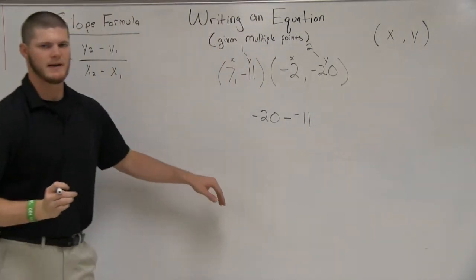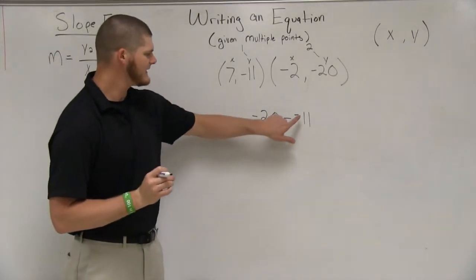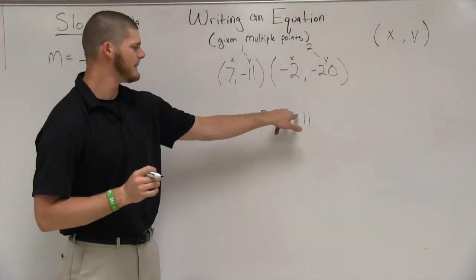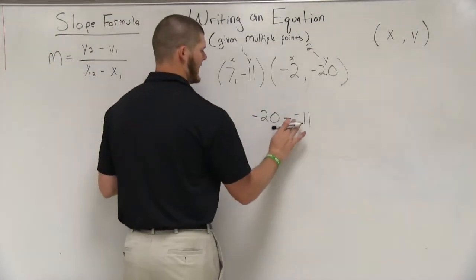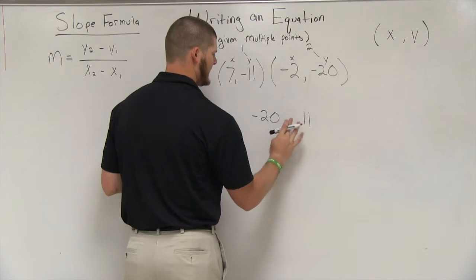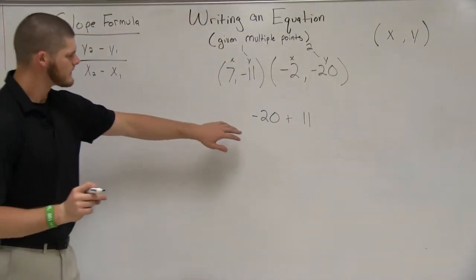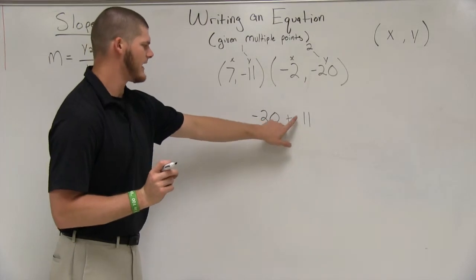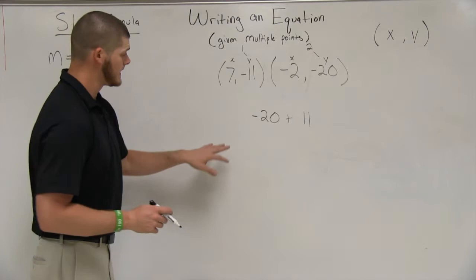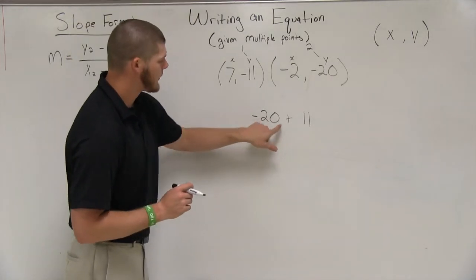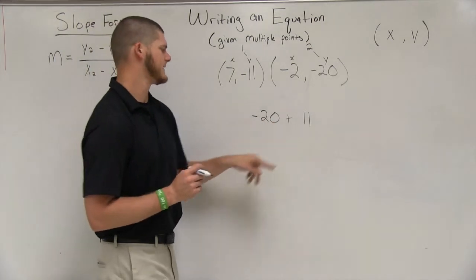Now, we know from integers and our negative rules that if we subtract a negative, if these two negatives are right next to each other with nothing between them, subtracting a negative is the same thing as adding, correct? So we in fact don't even have to write minus negative. But if you're using a calculator and you're not sure of your negative rules, if you put -20 minus -11, it will give you the same answer as -20 plus 11.